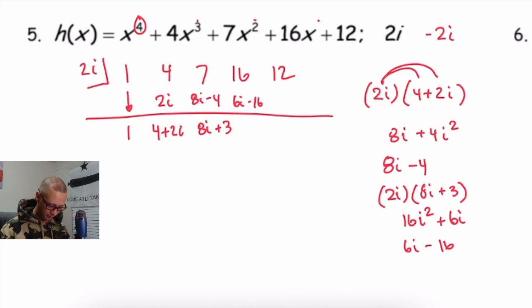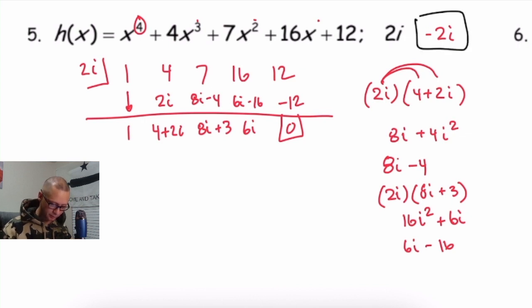When we add, we get 6i. We multiply, there's going to be 12i squared, so negative 12. Right, i squared is negative 1. When we add, we get 0. Okay, that was using positive 2i.